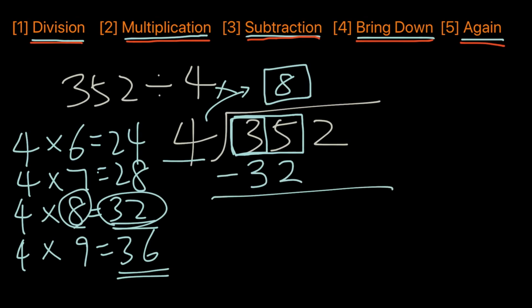Now the subtraction portion will take 35 minus 32, and that gives us 3. And the next step would be to bring down the 2. Now we have 32. So what number from the times table will work?